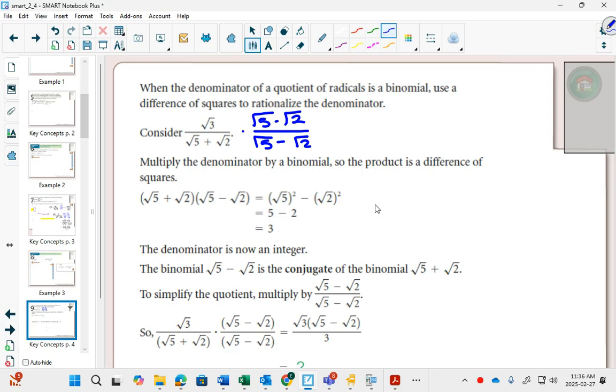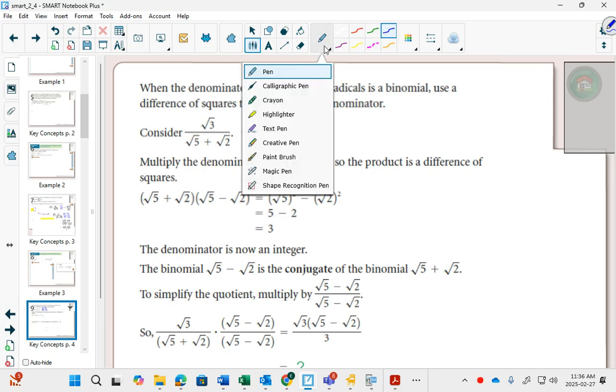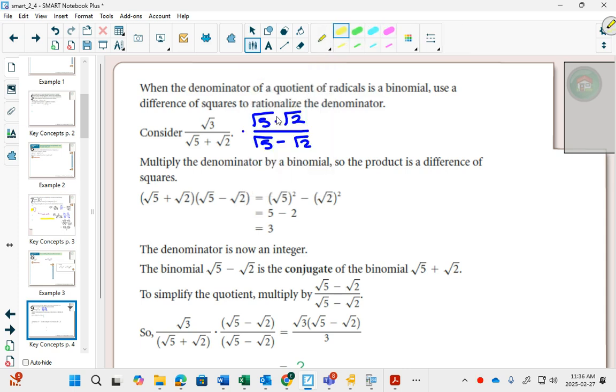So we have another new definition that you're going to learn today. And in math, we call two binomials that are exactly the same, the only thing different being the sign in between, conjugates of each other.